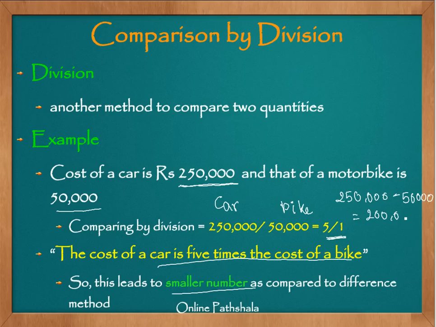So as you can see, this is a big number, whereas here we are simply dealing with 5 and 1. So this is a straight away method in which we compare by division and which leads to simpler numbers. Now we will use this as a basis to understand what a ratio is in our next session.